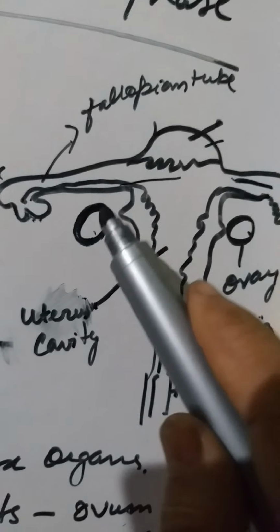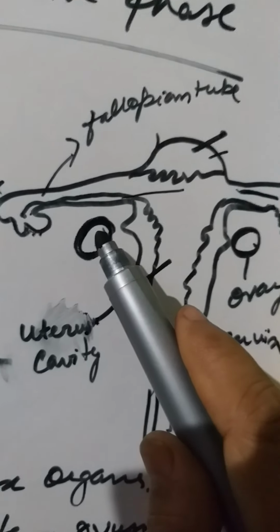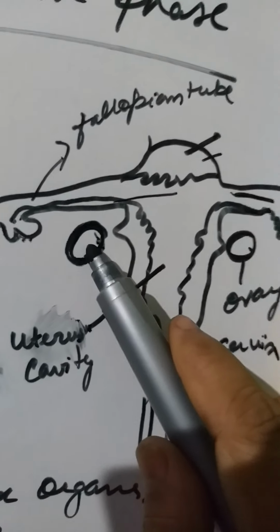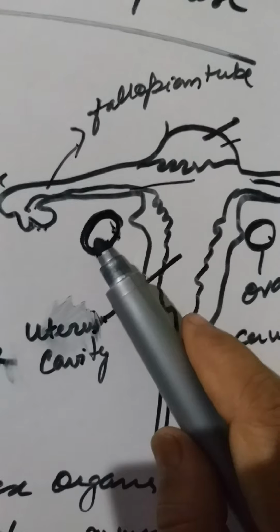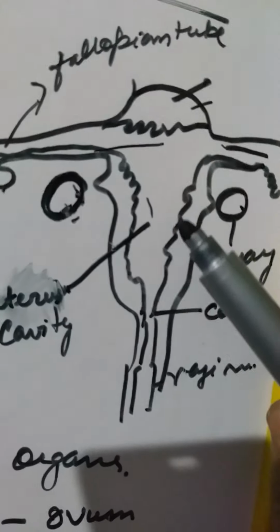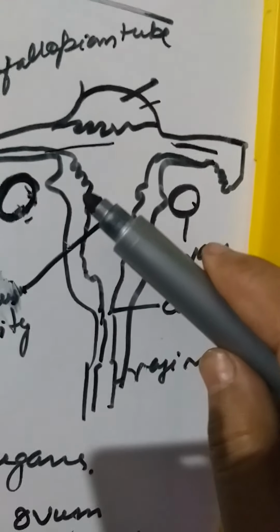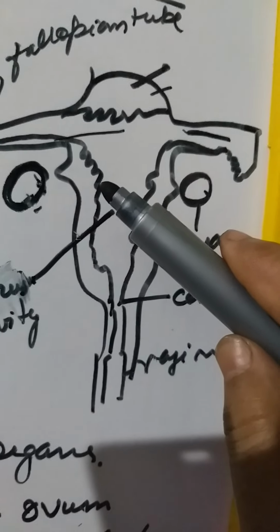Since this is the bigger gamete, it is generally sessile, that means non-movable, and this area gives the cushion or the place for the fixing of the embryo, which forms the placenta.